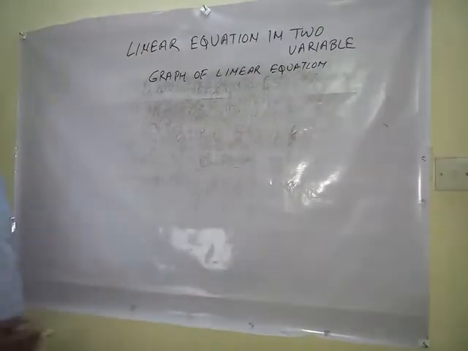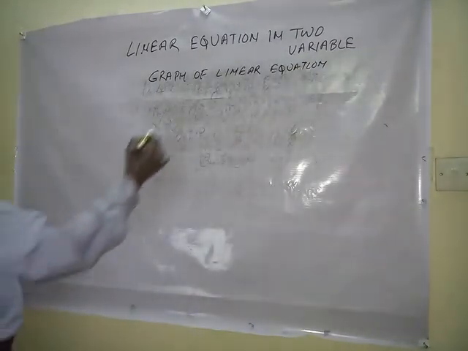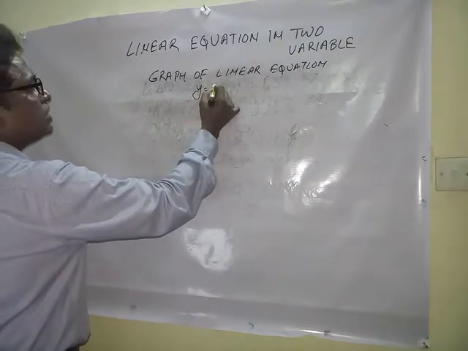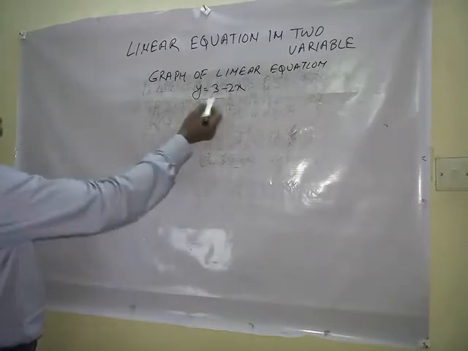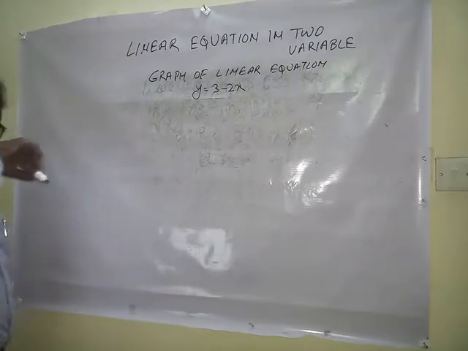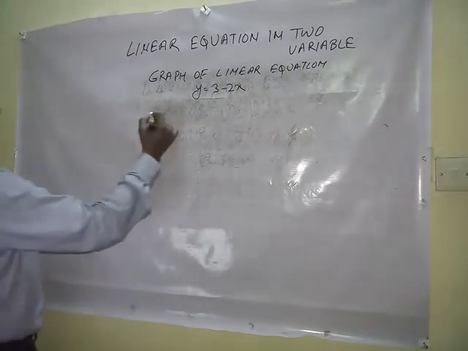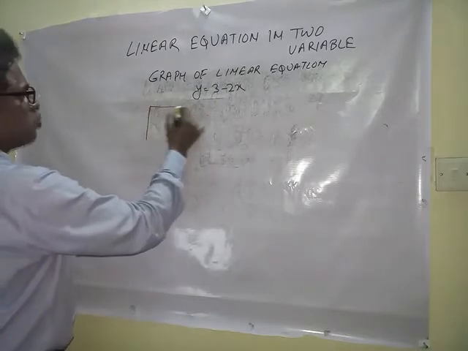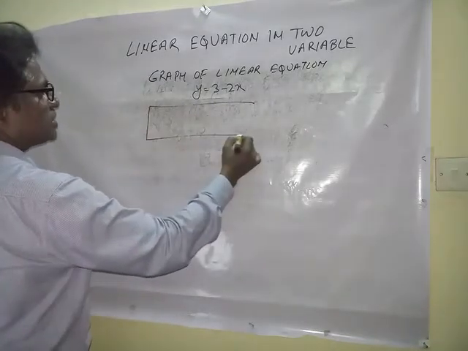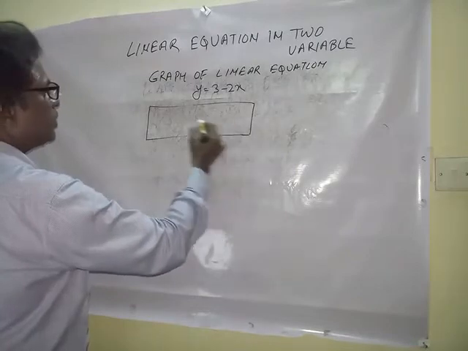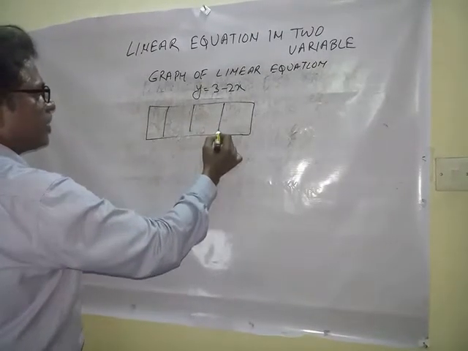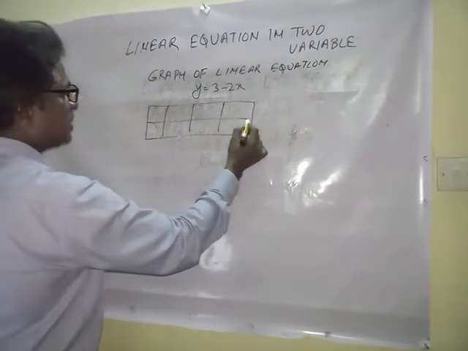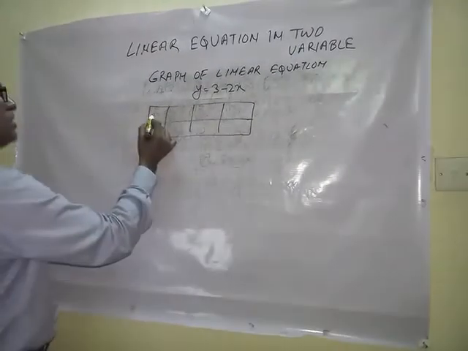Suppose you have been given a linear equation y is equal to 3 minus 2x and you have been asked to draw the graph for that. How do you have to do that? At least 2 points you have to find because it is a linear equation. With 2 points you can do it. Even if you find more points, it is much better for accuracy.